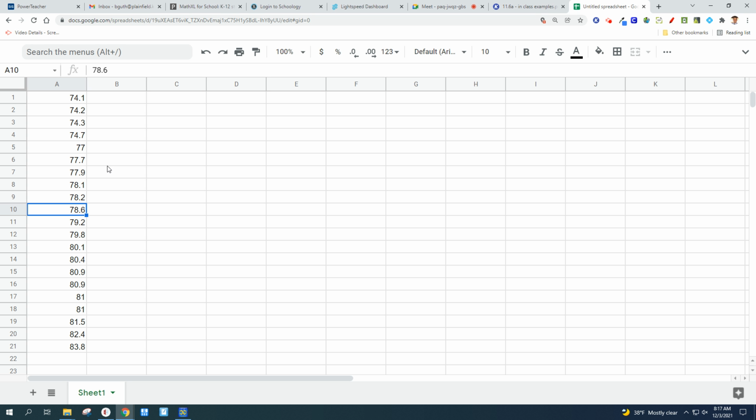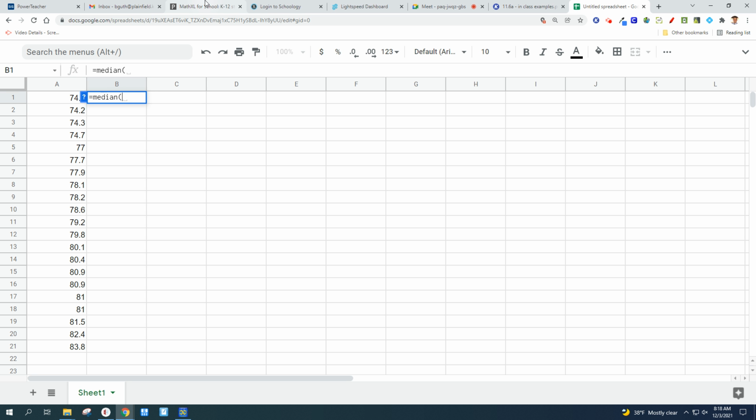All right. So we can come over here. Don't do it in column A. Go over to a different column. Let's go in column B. And I want you to type in the equal sign. And then you're going to type in the word median. So equals median. And it pops up for you to tell you how to spell it. And then you got to say parentheses.